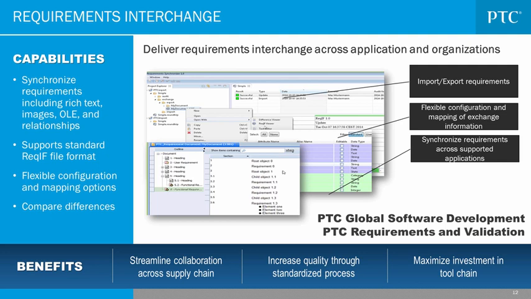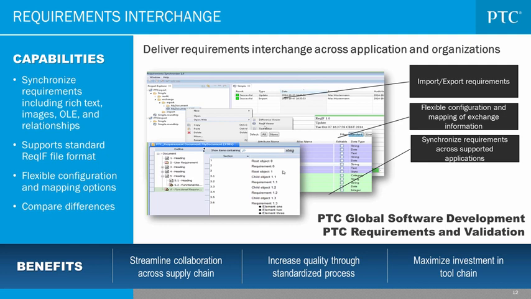One division may be a supplier to another division, and they use different types of tools for capturing those requirements. So here you really need to exchange requirements across boundaries, whether internal boundaries or external boundaries. And some manufacturers share them both upstream and downstream within the different companies.